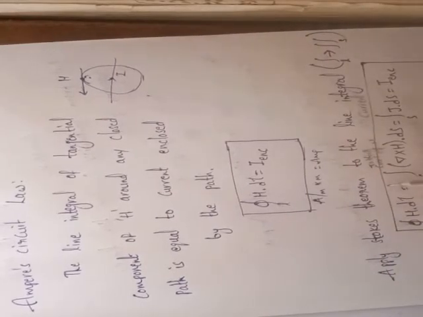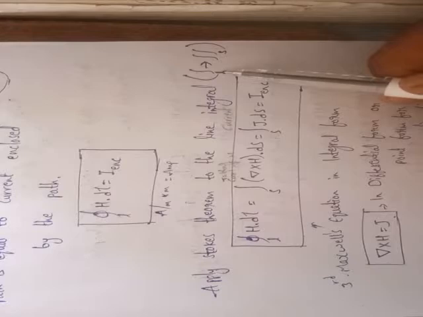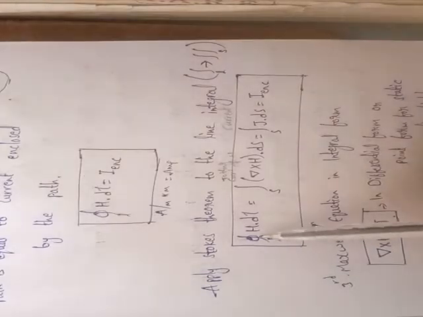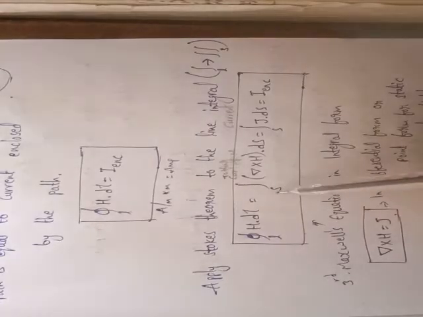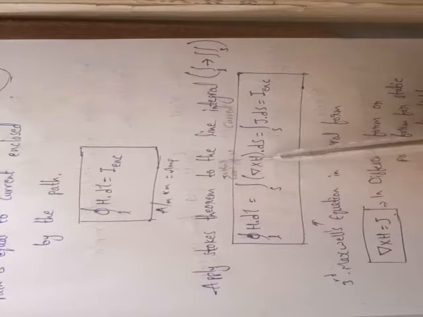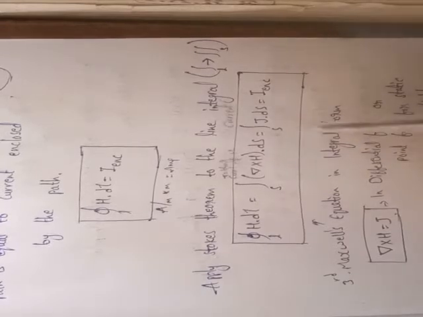By applying Stokes theorem to the line integral, the closed line integral of H dot dl becomes the surface integral of del cross H, the curl of H, dot ds.